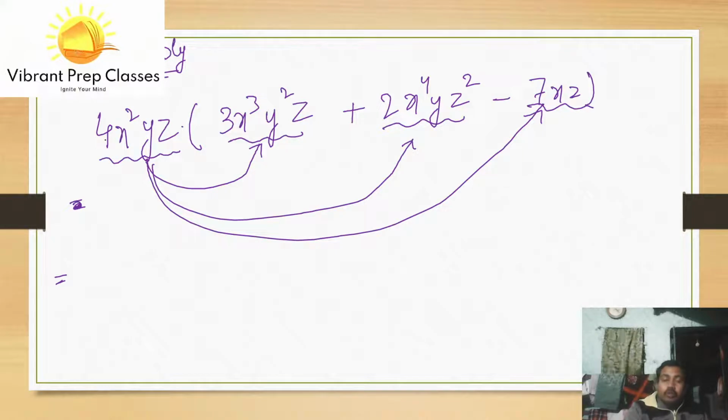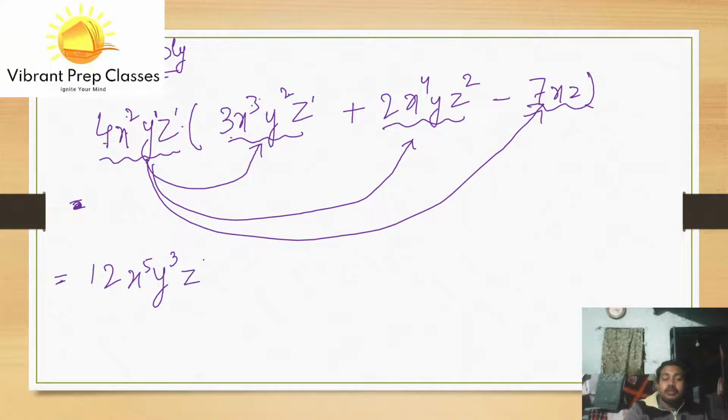When we multiply 4x square yz with 3x cube y square z, we get 4 into 3 is 12. We add the powers here. So x square and x cube will be x5, y's power 1 and y's power 2 gives y cube, and z's power 1 and z's power 1 gives z square.